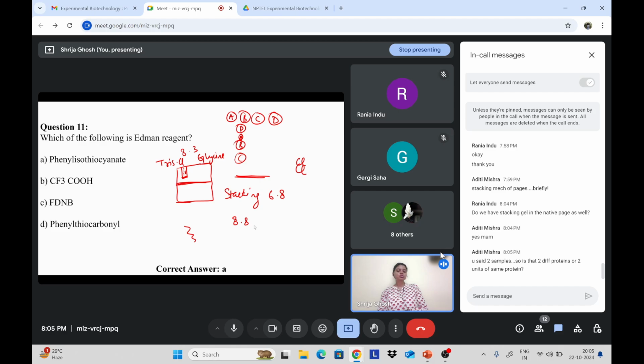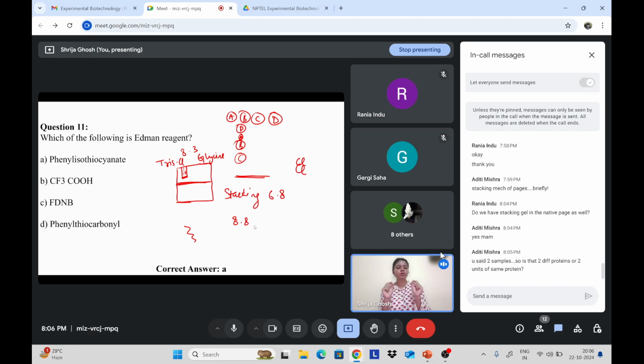You said two samples, so that is two different proteins? Yes, two different proteins. Let's say I have two different organisms growing under the same condition, and I want to see the difference between a particular protein, whether organism A and organism B, both of them have a particular protein that I want to compare.